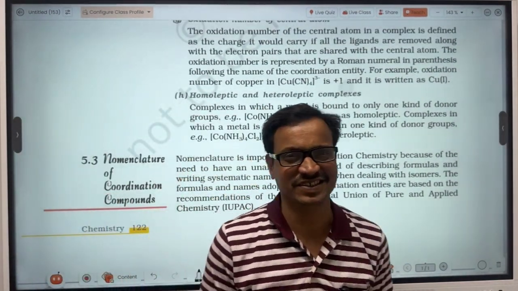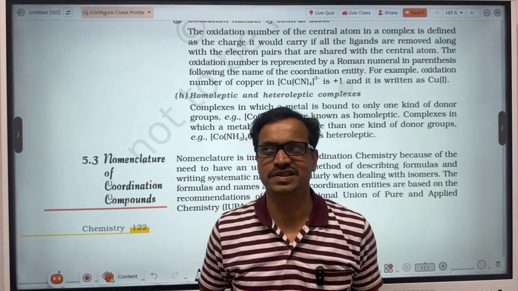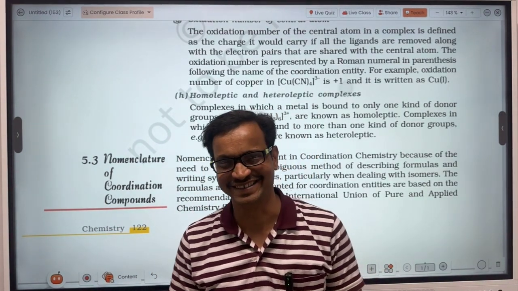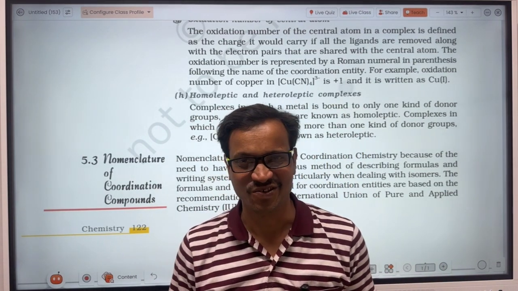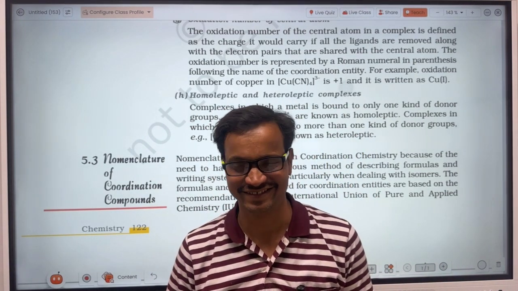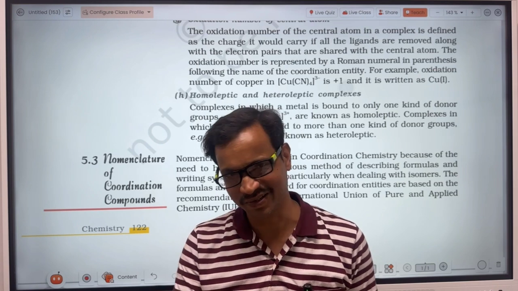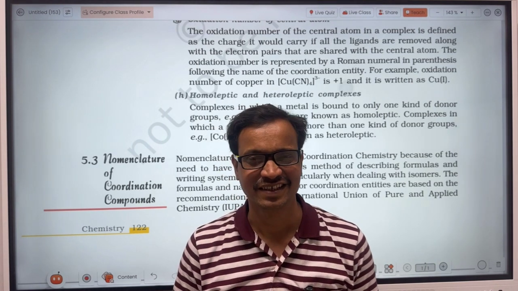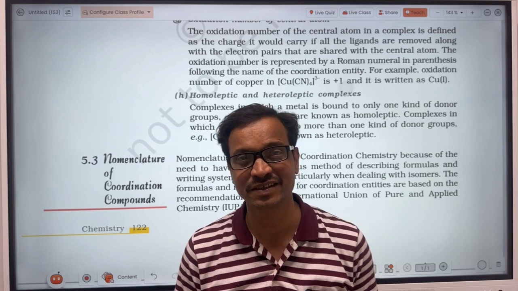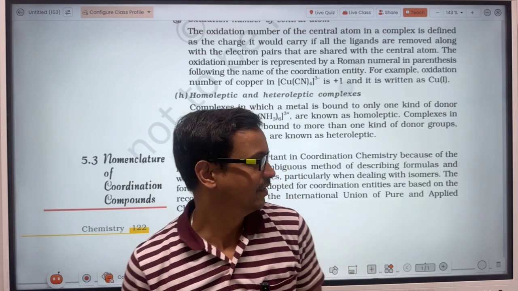This was the terminology you should know, but the very important topic of this chapter is nomenclature. And paramagnetic behavior also, the magnetic behavior of the compounds, is frequently asked in the NEET examination as well as in the JEE Main examination.